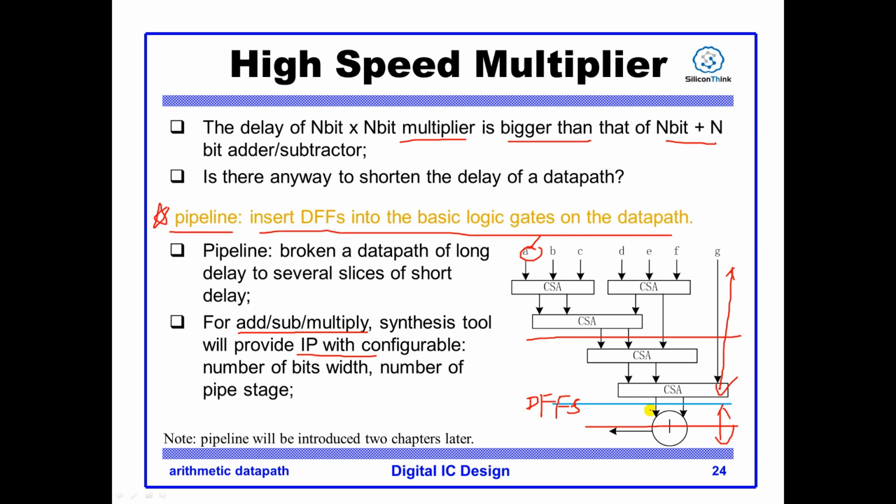So do you know how to pipeline an adder? Can you pipeline an AND? In Verilog, you just write A and B. So how to pipeline an AND?